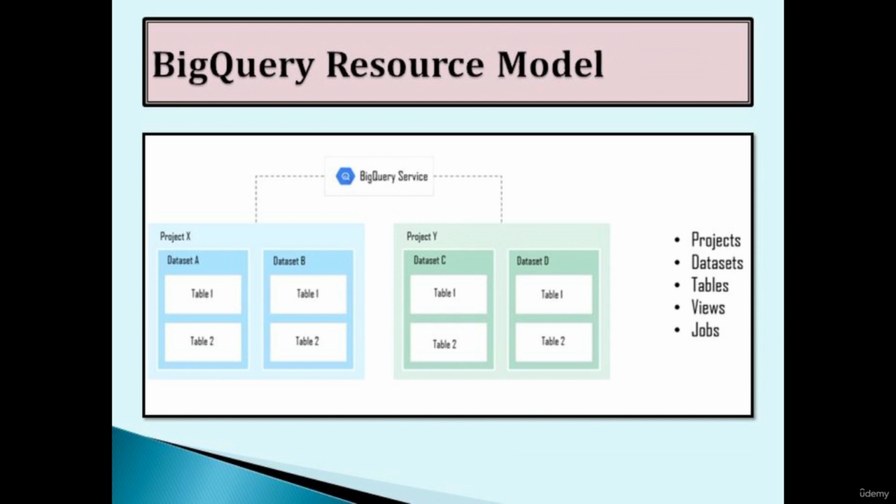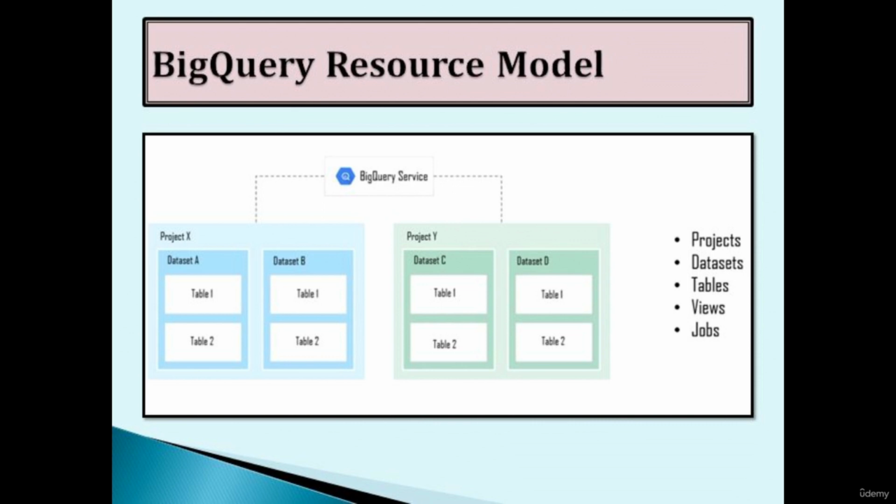It allows access control at dataset level and defines the location of data, that is multi-regional or regional. If it is multi-regional, it can be like US or European Union or any other multi-region. And if it is regional, it can be like Northeast Asia. It specifically goes into a region, right?